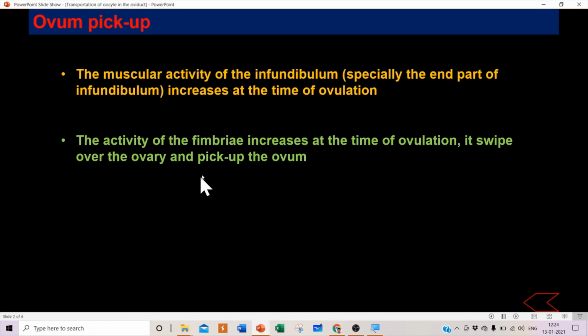So the activity of the fimbriae and the movement of the infundibulum are important to receive the ova at ovulation.